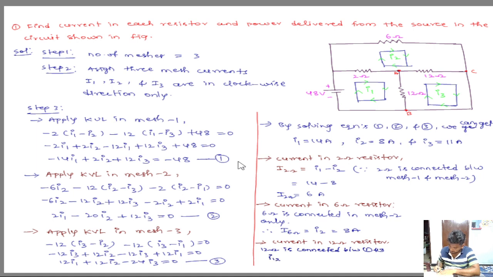Therefore I 12 ohms is nothing but I1 minus I3. I1 is 14 and I3 is 11. Therefore, the current is 3 amperes.